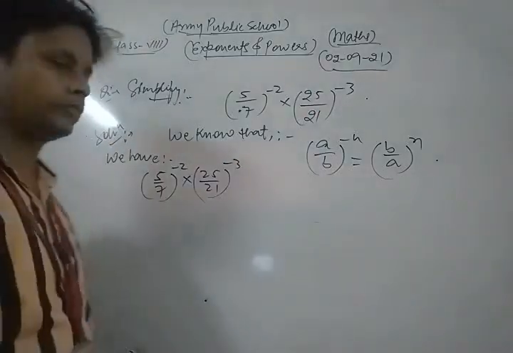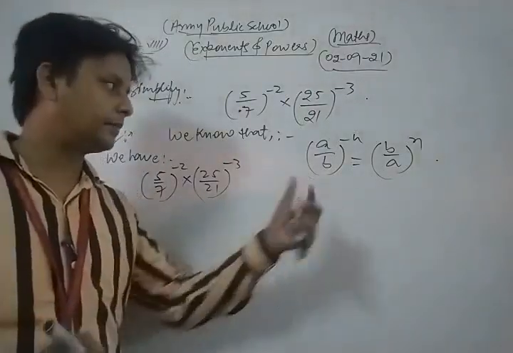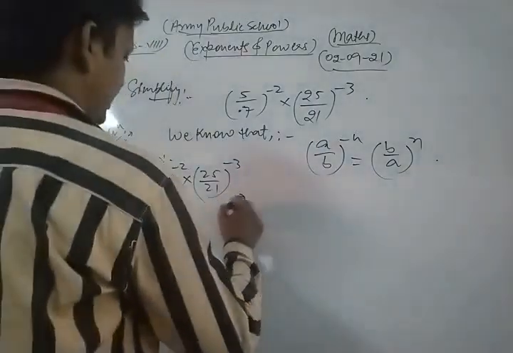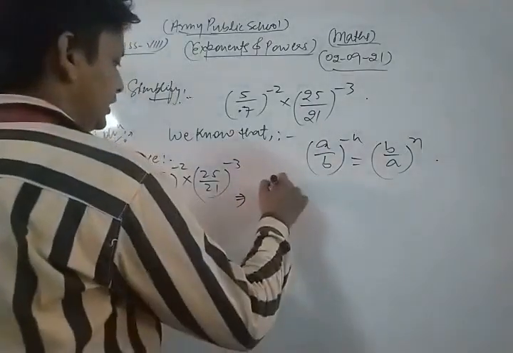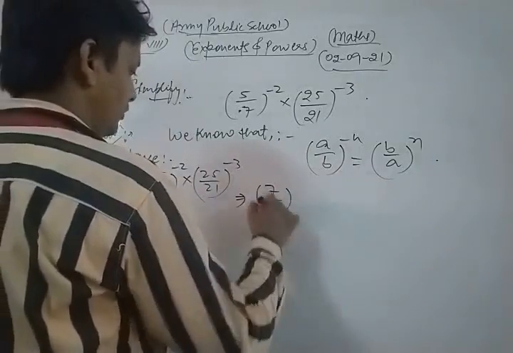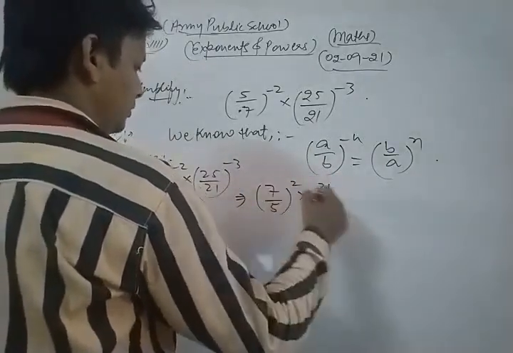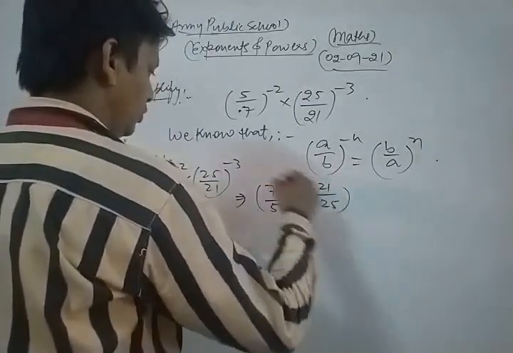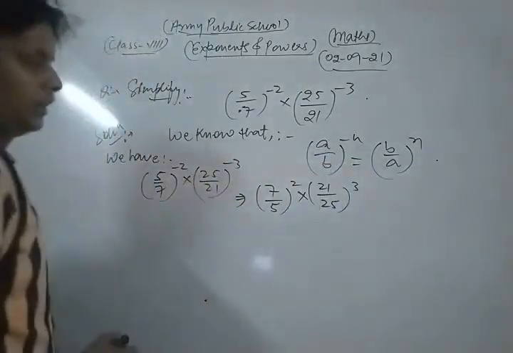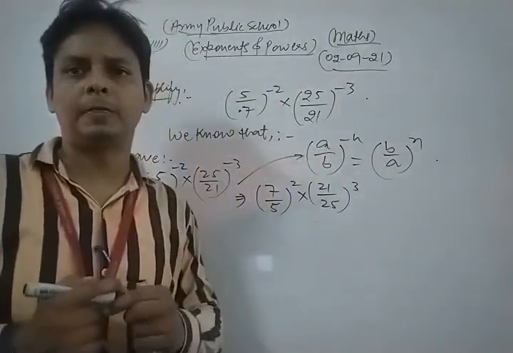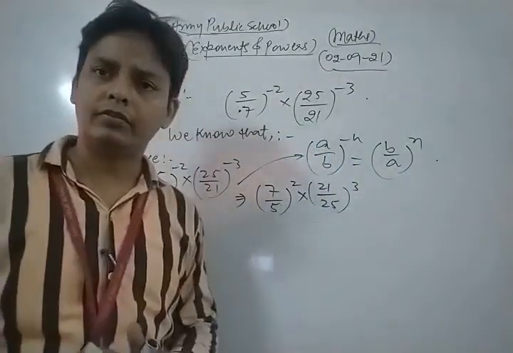Here, dear students, we first apply this law of exponents. We can write (7 upon 5) to the whole power plus 2 into (21 upon 25) to the whole power plus 3, according to that law of exponents.